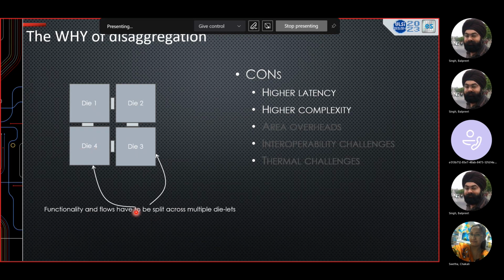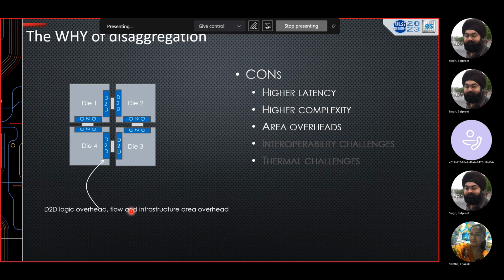All the flows, yes. So not just the functionality, but the global flows also need to be partitioned across these multiple dielets. So again, something that needs to be given a lot of consideration when you think about disaggregating your solution. I have more slides later, and we'll go through them in a lot more detail. This is just an overview of the pros and cons.